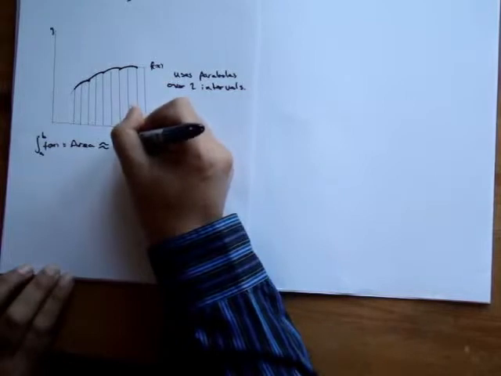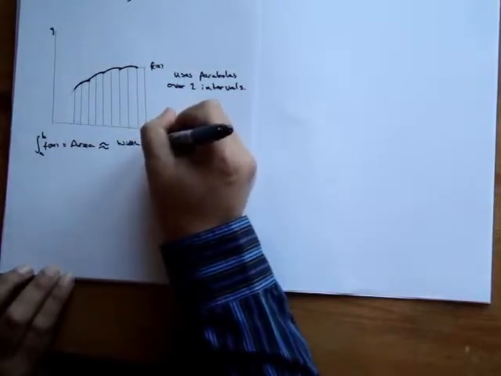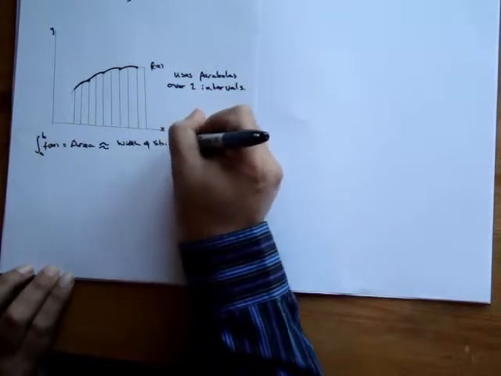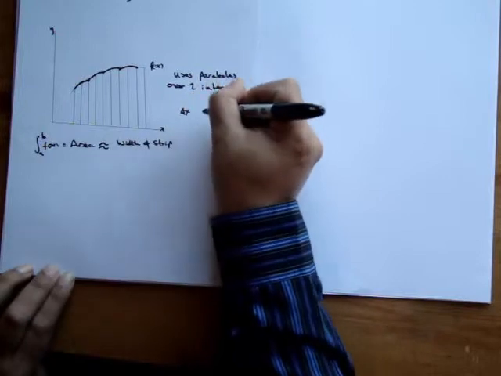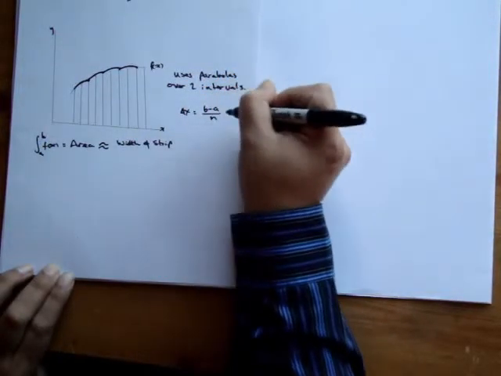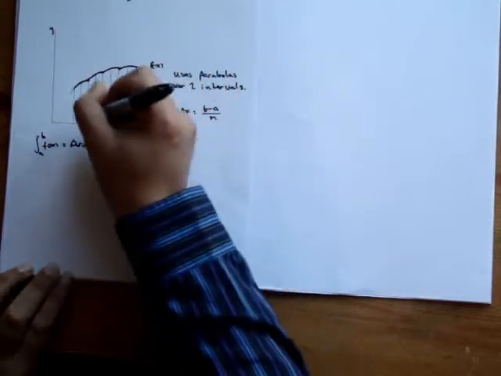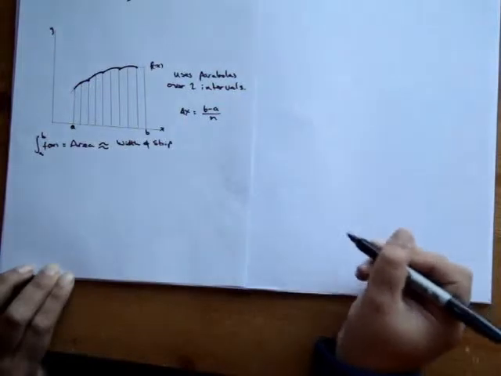So we get the width of the strip, which is given by delta x, which equals b minus a over n, the number of strips. So this would be A and this would be B.